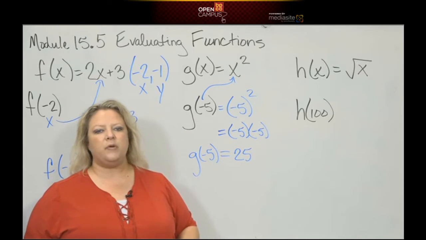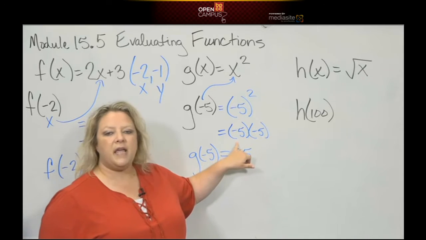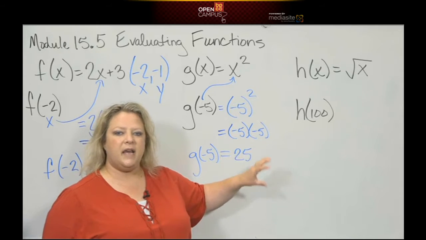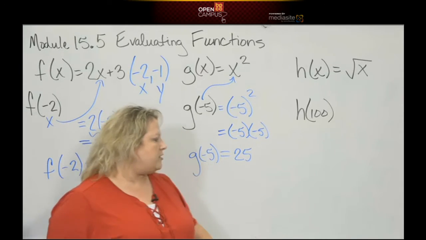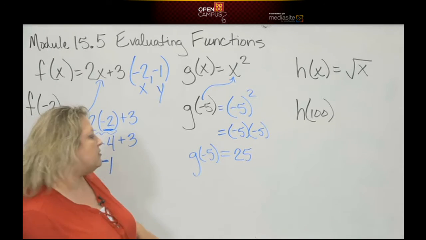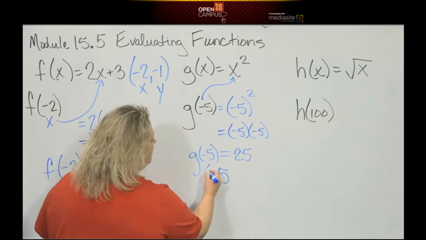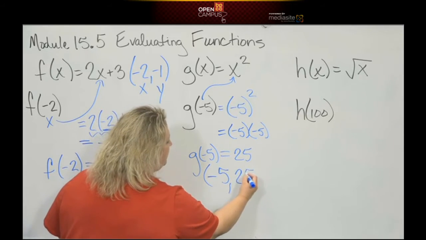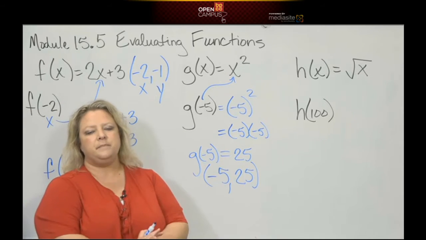You have to put parentheses around it so that it understands, hey, this is a negative 5, and I want you to take that and multiply it to something else, all right? That's just a little tidbit of information. So once I get this, I want to write my ordered pair for my answer. So my ordered pair would be when x is negative 5, y is 25. So that's the x and the y for my ordered pair for that one, okay?